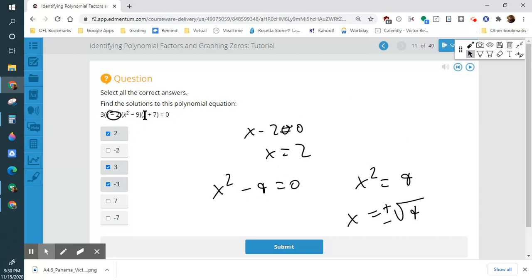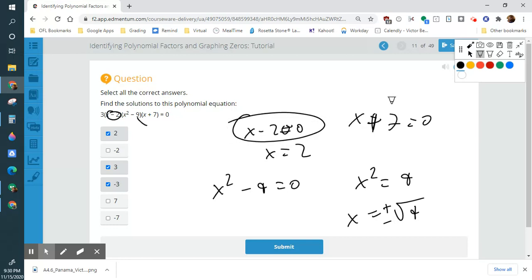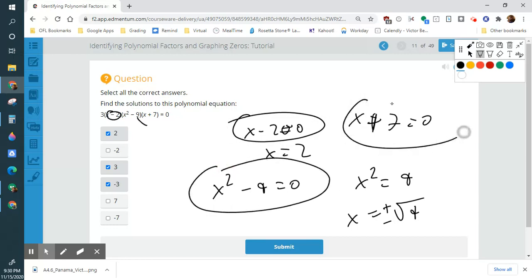And then for the 7, that's just going to be x plus 7 equals 0. So we're assuming that we're making each parentheses equal to 0. So there should be 3 of them because we have 3 sets of parentheses. So here's 1, here's 2, and here's 3. So we have 3 sets of parentheses that are going to give us, minus 7. They're going to give us our 3 zeros.